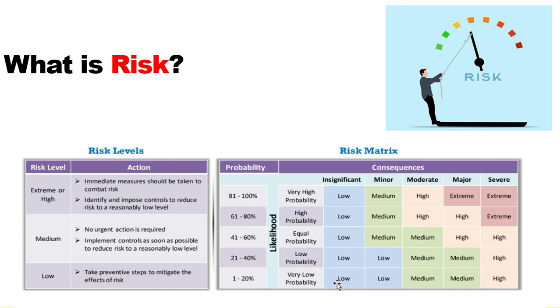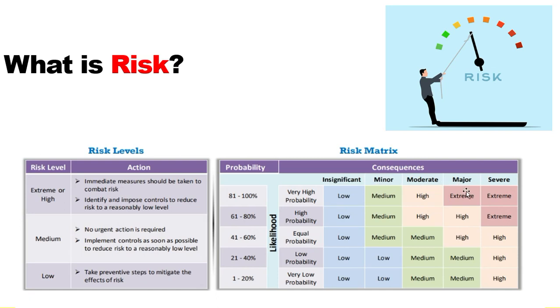Let's say you have a risk that fits in the risk matrix at a different level. For example, the severity is very extreme or major, and the probability, the likelihood of an attack on that system, is high or very high. Then the significant impact, the consequences, will be extreme.